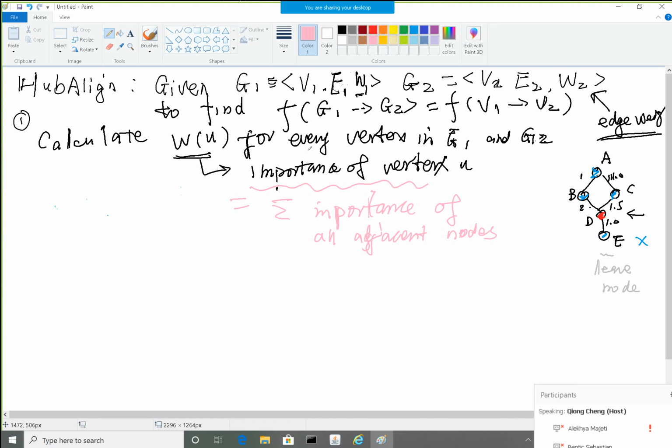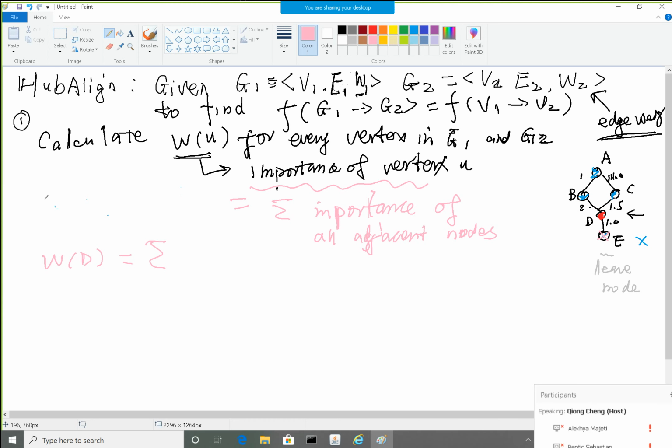Okay, and such that, let's take a look at the W_D. W_D is equal to what? W_D is equal to the total weight, the total importance between each of these, right? And then you have to calculate the importance of this guy.